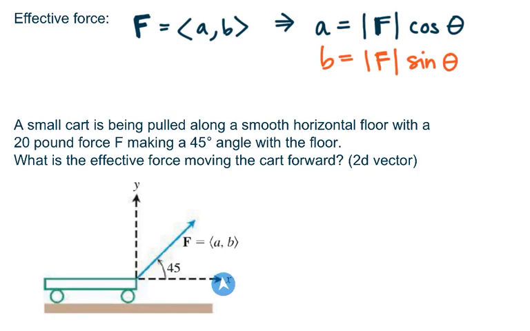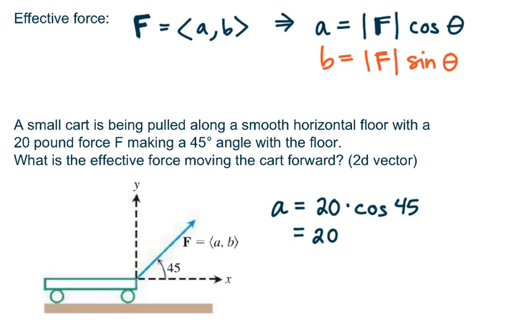And if we want to find that effective force, what is causing the cart to move forward, that's going to be this horizontal component. So in this situation, A, when I say A, I'm referring to that horizontal component. A is the magnitude of the force, which is 20, times the cosine of the angle theta, or 45.